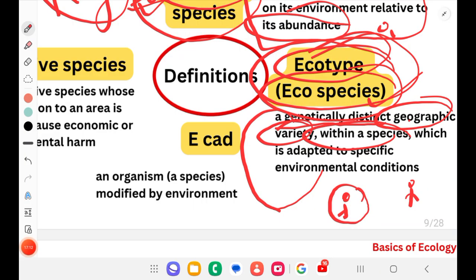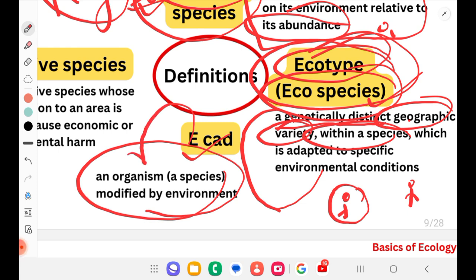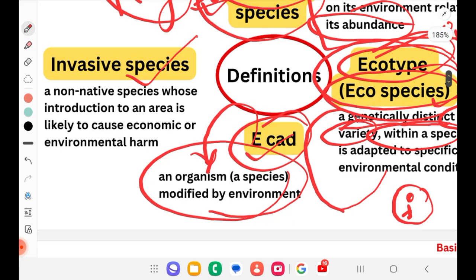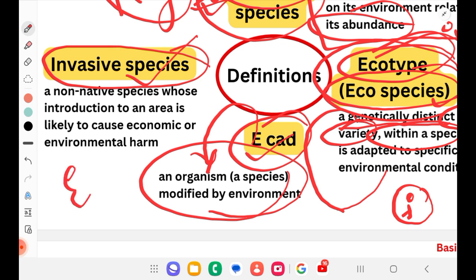Then comes ECAD, an organism or a species modified by environment. If it is modified by environment, then it is called an ECAD. Again, a species getting modified. Then comes invasive species. You would have heard about water hyacinth, which is an invasive species. What does it mean? First of all, there is one term called exotic species. Exotic species means which is not native to that place. For example, there are trees called sandalwood, which grow naturally in Karnataka.